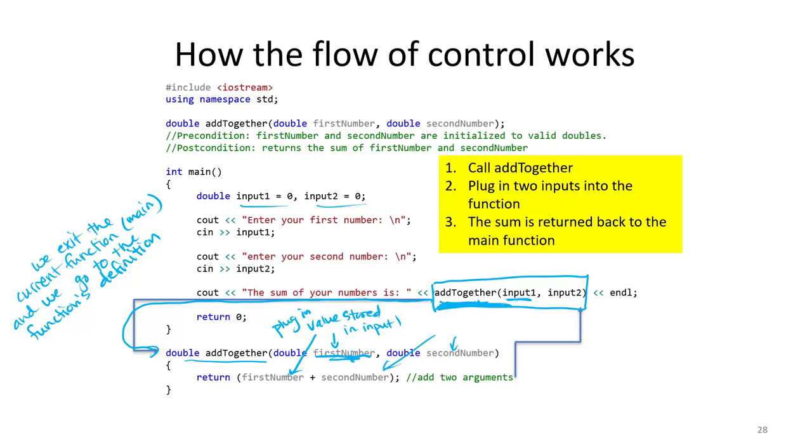For second number, we plug in the value stored in input 2. So then we run the code in add together.